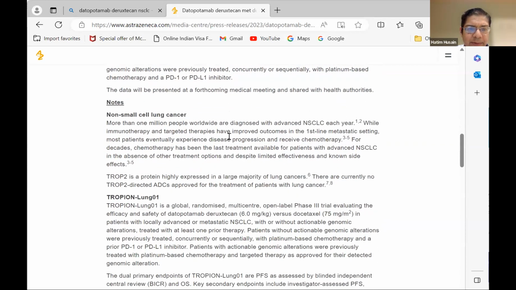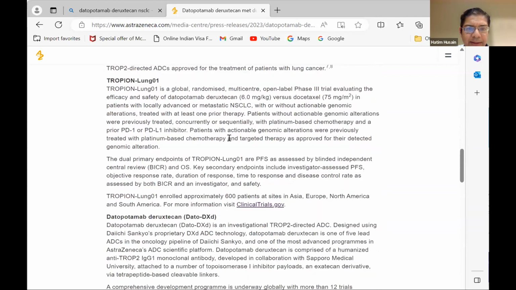And just some other points here are that the dose you had mentioned, Dr. Jang, was 6.0 milligrams per kilogram. So it was actually reflecting that median one actually had the highest response rate on the clinical trial as well. Some key points in the study is there were patients without actionable oncogenes that were included.